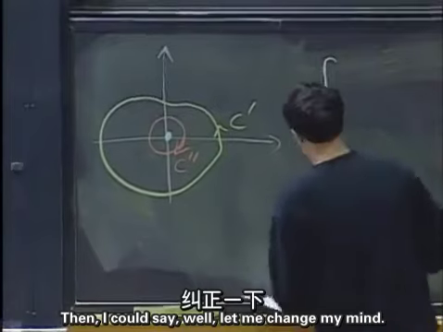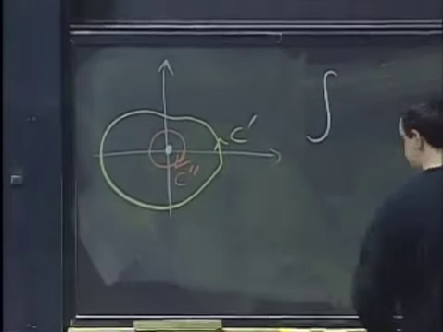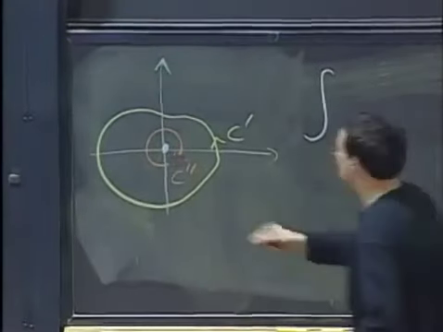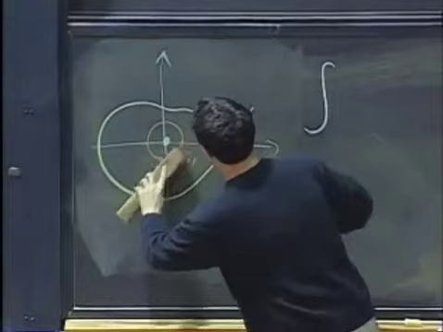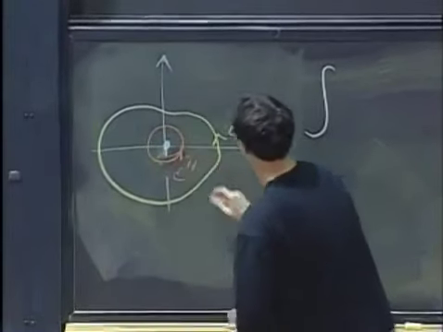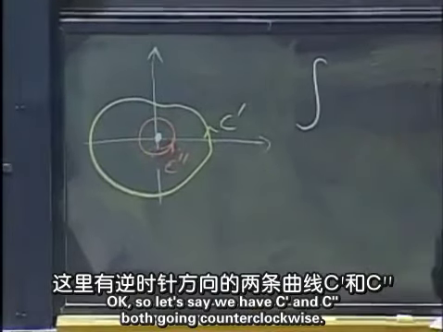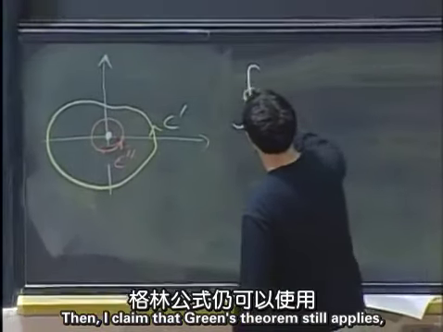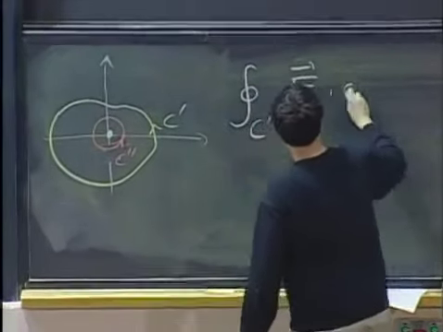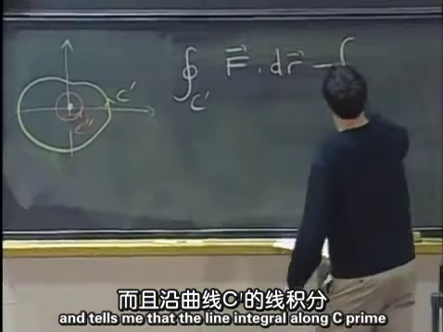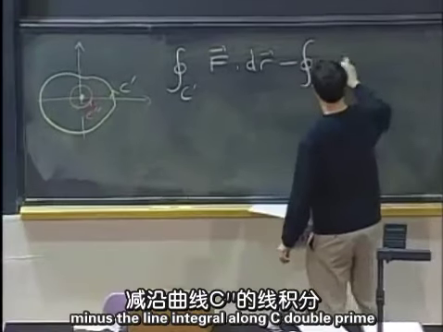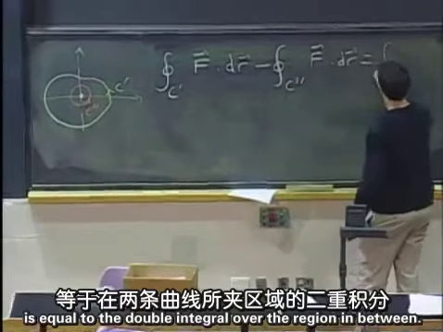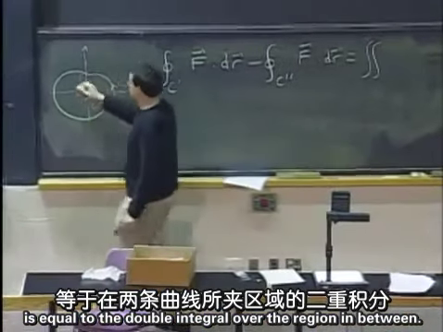Sorry, let me change my mind. This lecture is not very well prepared. That's because my writer is on strike. Okay. So let's say we have C prime and C double prime, both going counterclockwise. Then I claim that Green's theorem still applies and tells me that the line integral along C prime minus the line integral along C double prime is equal to the double integral over the region in between.